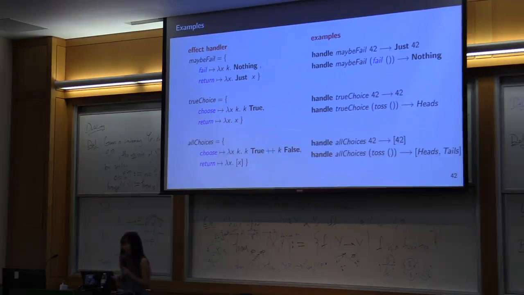For example, you can actually resume the original computation twice and turn the type of the program into a list. So in this case, all choices is again a handler for the choose operation, but it does something different because you can do what you want in the effect handler in different ways because they are useful under different contexts.